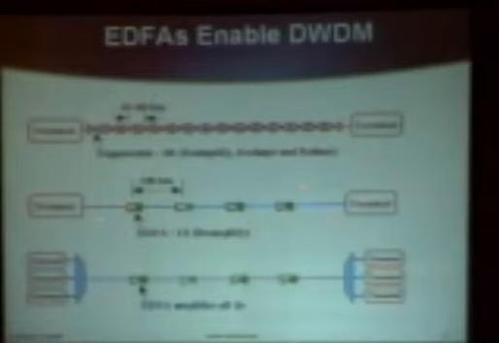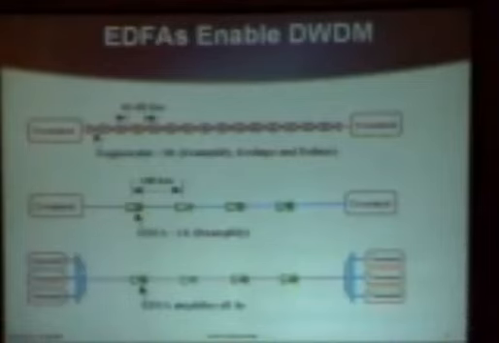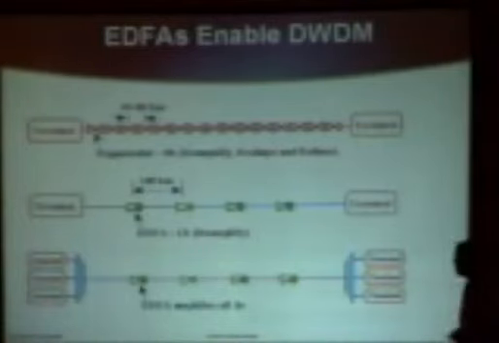This happened in the early to mid-90s, and then it was a fairly simple jump forward. It kind of happened slowly. People tried one or two waves in the early 90s, but one way of thinking about this picture is what Ciena, for example, brought us, at least the investment community, in '96 when they went public.